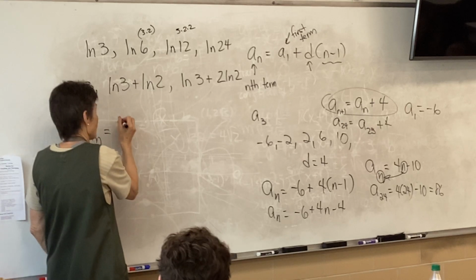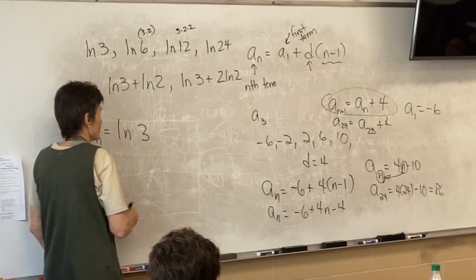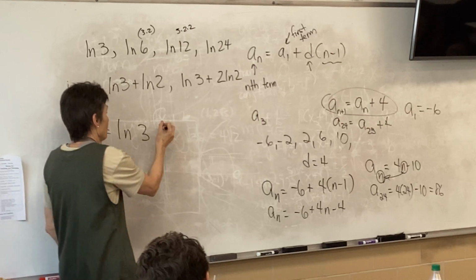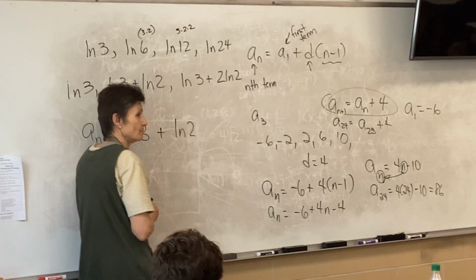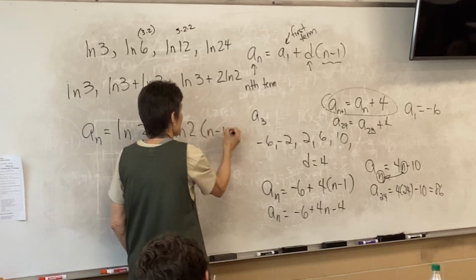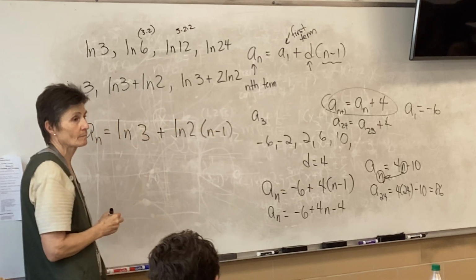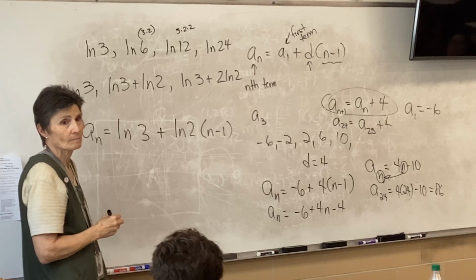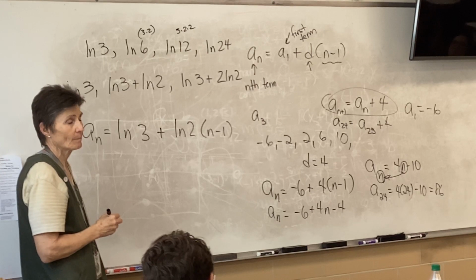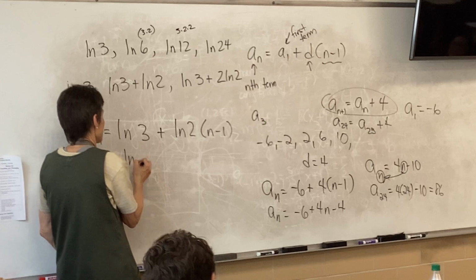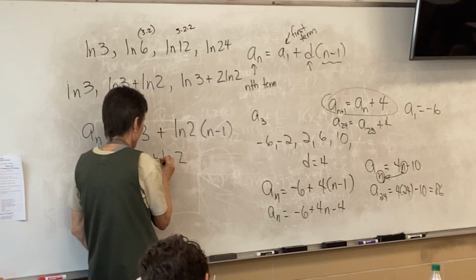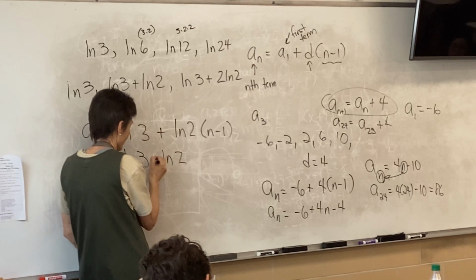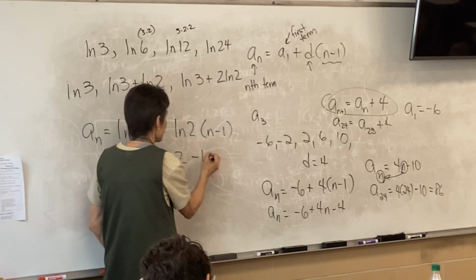So the nth term is going to be the first term, which is ln3, plus the common difference, which is ln2, times n minus 1. Right? Let's distribute and see if there's anything we can do to clean this up. This is going to be n ln2 minus ln2.